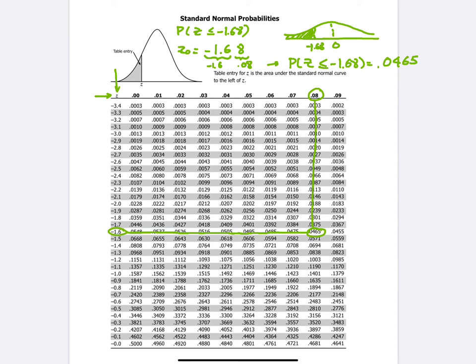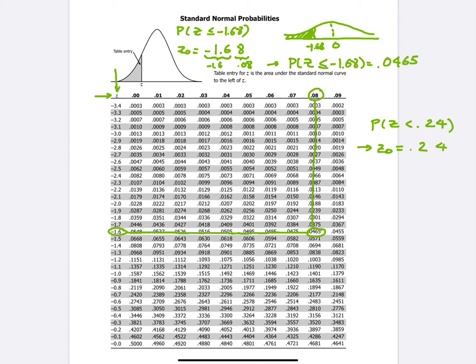Let's do another example. Suppose we want to find the probability that z is less than 0.24. So in this case, z sub 0 is 0.24.